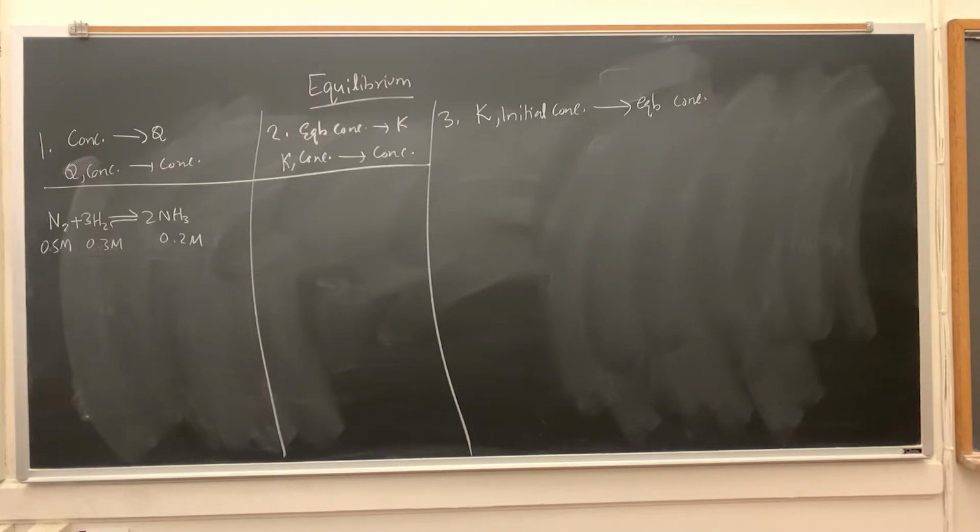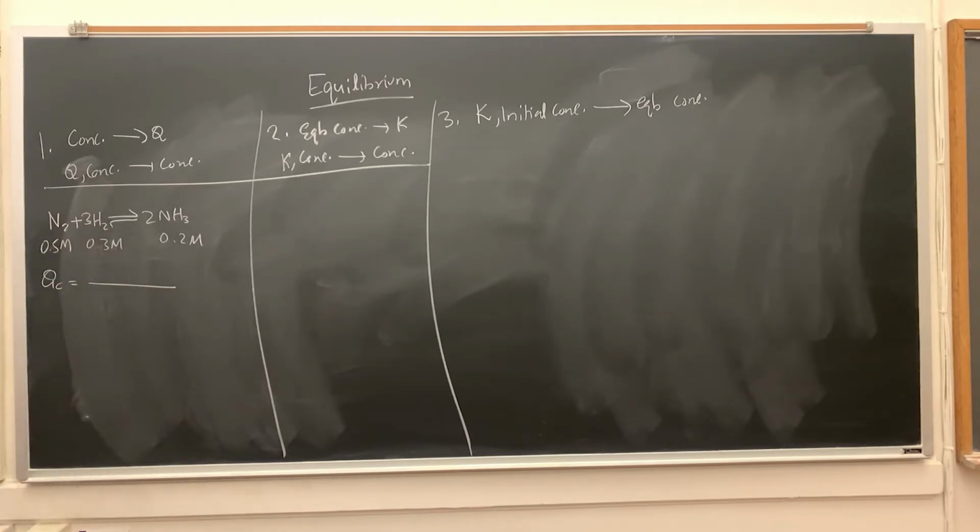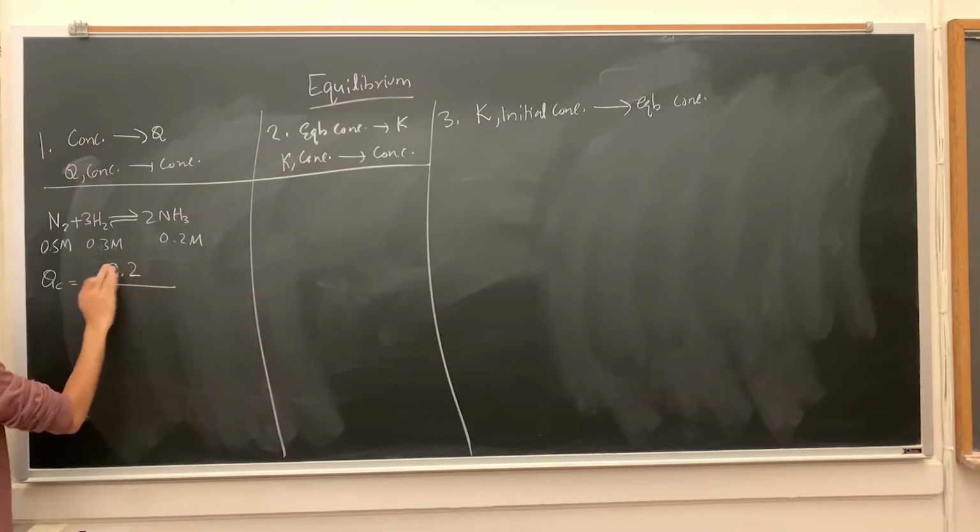Plug it in. Qc equals, what do we have? You tell me. It's products over reactants, coefficients become powers. 0.2 squared, good.